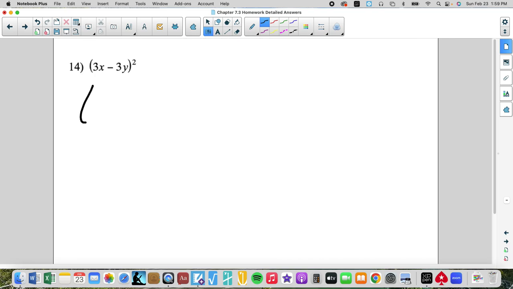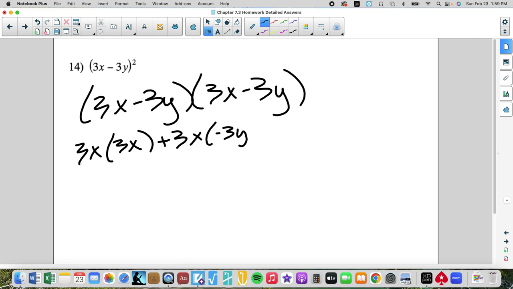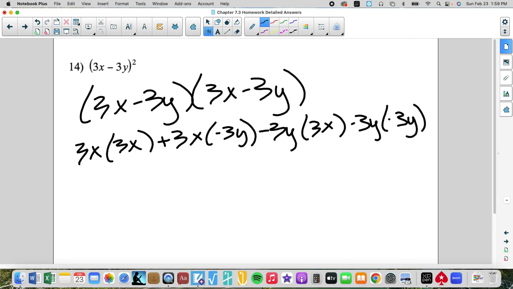All right. A little bit bigger numbers, 3x minus 3y times the quantity 3x minus 3y. So we have 3x times 3x plus 3x times negative 3y minus 3y times 3x minus 3y times negative 3y. 3x times 3x is 9x squared. 3x times negative 3y is negative 9xy.